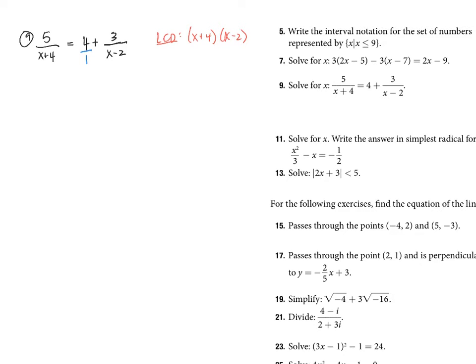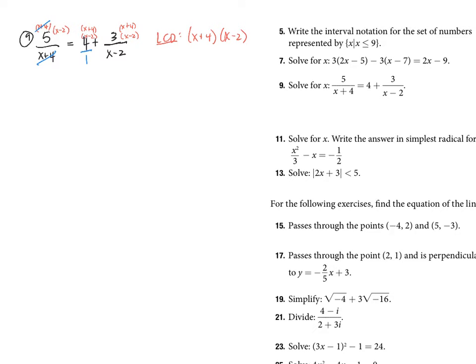What you're going to do is multiply each side by that and then distribute. So you'll have x plus 4 times x minus 2. And when you distribute, you end up multiplying it by every fraction. Okay, so now you're going to be able to cancel out your common factors. So x plus 4 is common here.